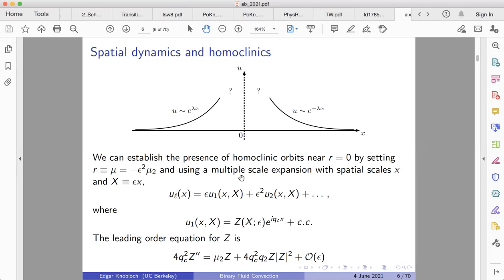Even the moving structures are stationary states in a moving frame. Now, in the Fitzhugh-Nagumo problem that was mentioned, you have moving structures, or you can have stationary structures too.